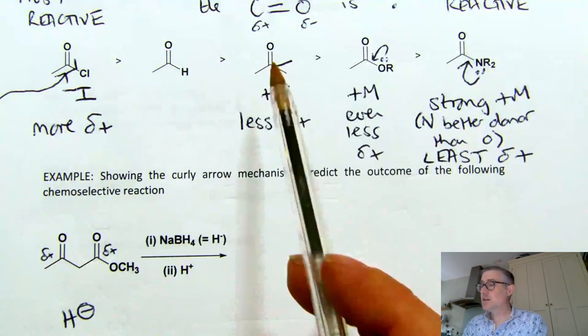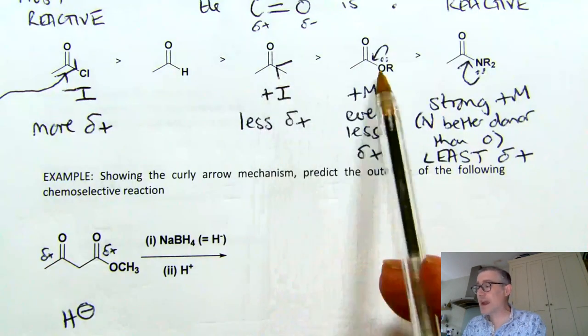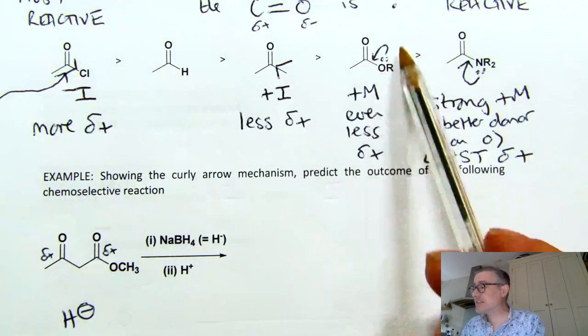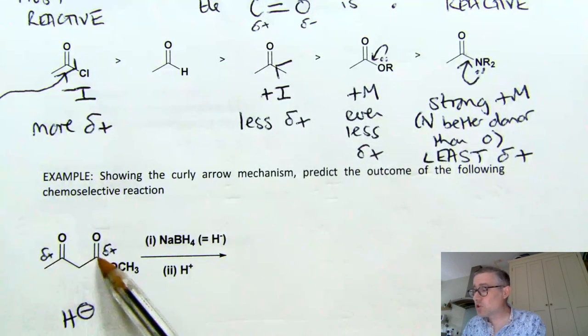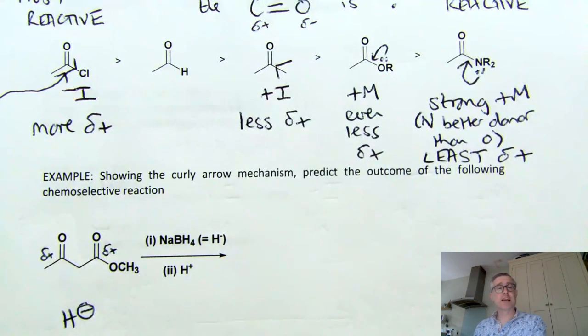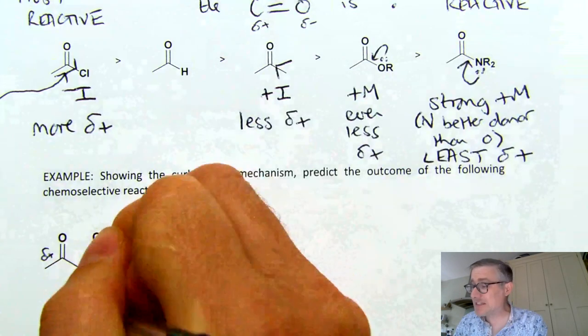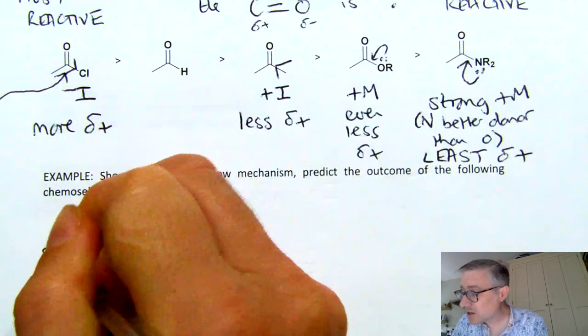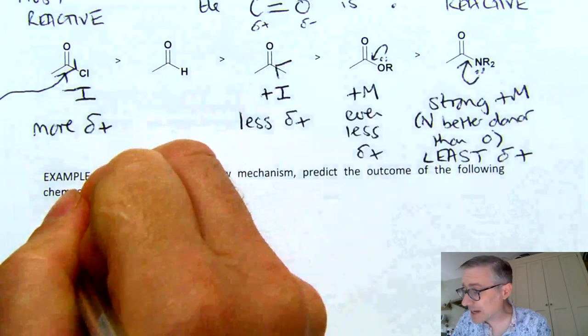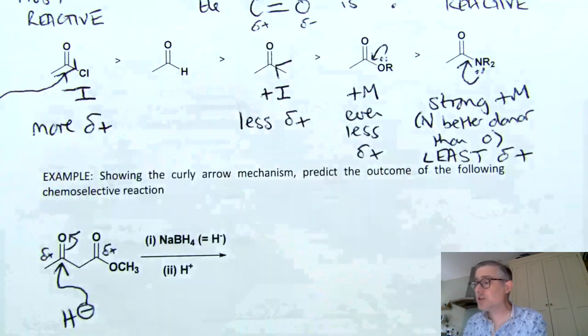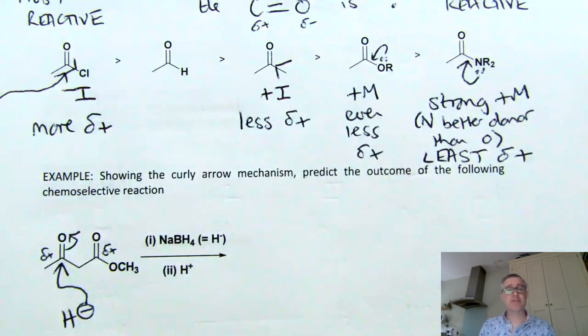We've just said that ketones are more reactive than esters because the ester has a plus M resonance form that's pushing electrons already towards that carbon delta plus. That means the H minus will more attack the ketone. And of course the electron density has to end up somewhere good. That will be on the electronegative atom following the basic rules of mechanism.